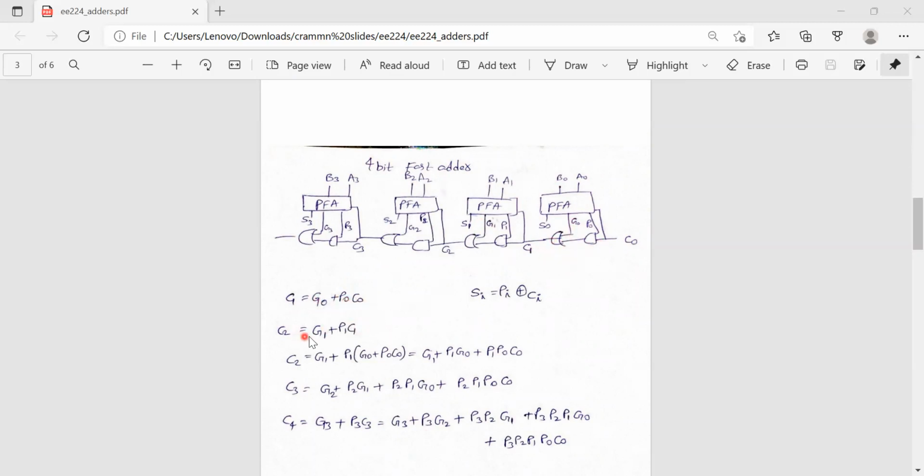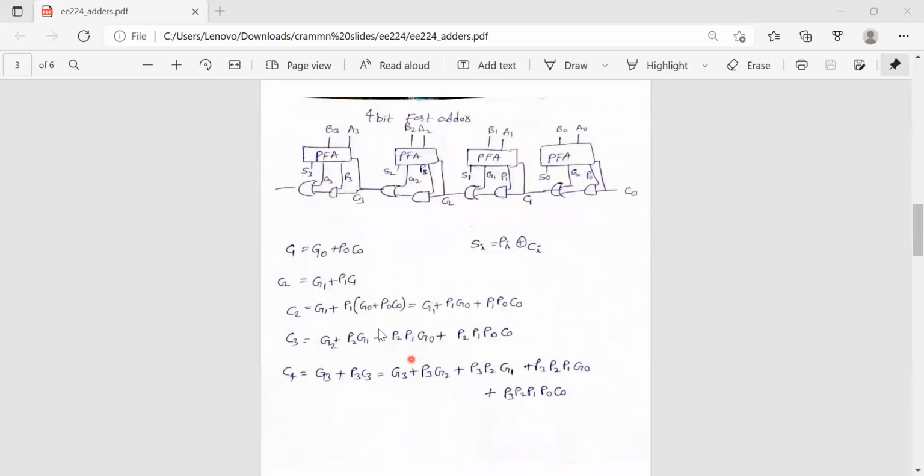And C2 is equal to G1 plus P1 C1. We already know C1, so it is G1 plus P1 G0 plus P1 P0 C0. Okay, we can find the equations for all of C1, C2, C3, C4, and so on.